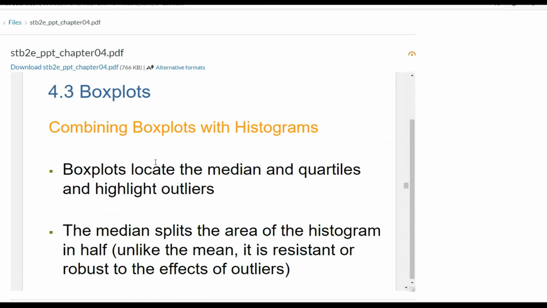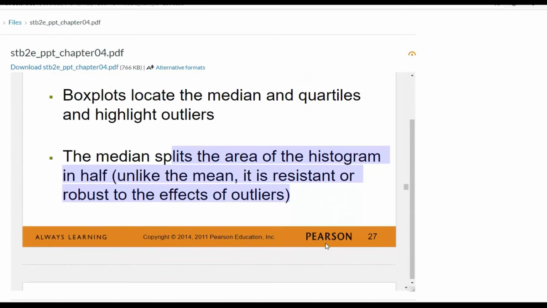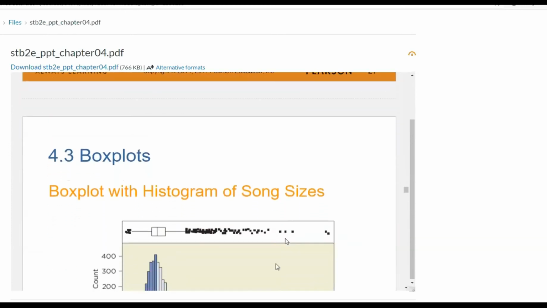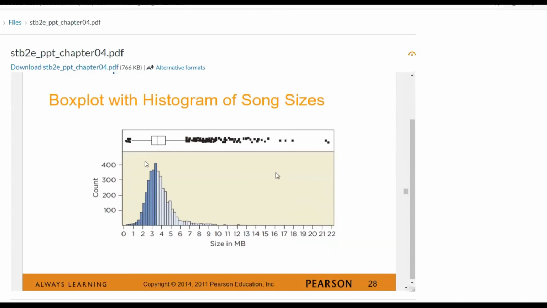Box plots locate the median and quartiles and highlight the outliers. The median splits the area of the histogram in half. It is resistant or robust to the effect of outliers. That means outliers don't change it that much. That's an example of a box plot. You can see the majority of data are in the range of that box. And these are the tail.